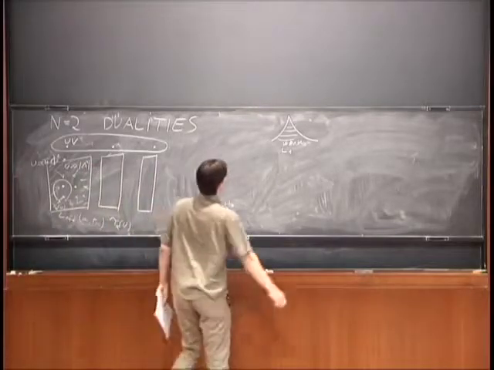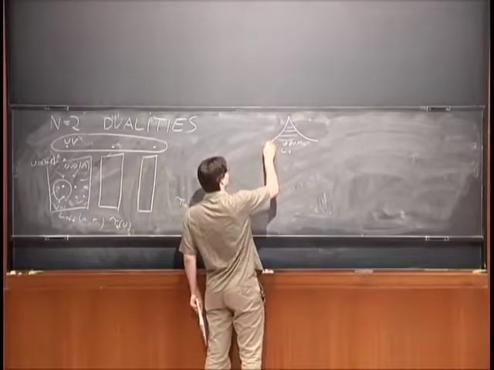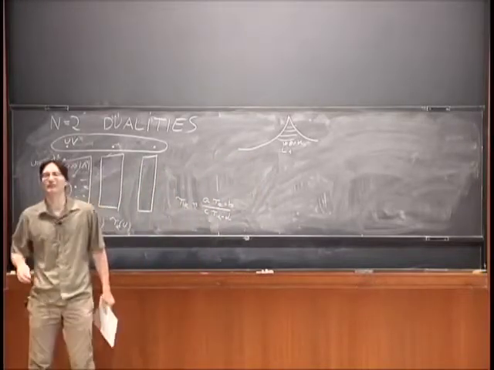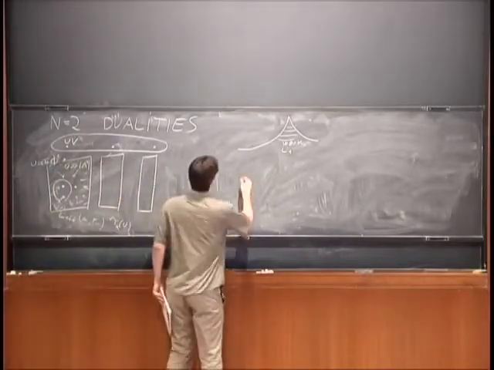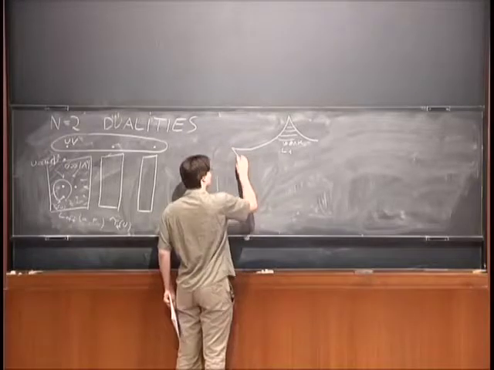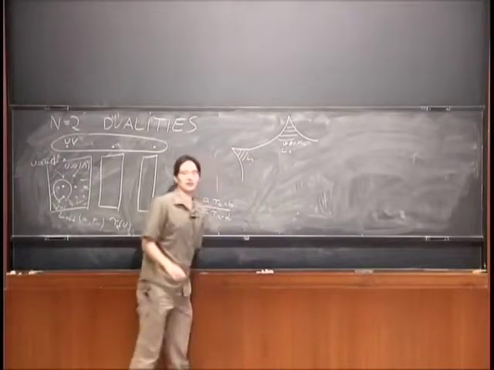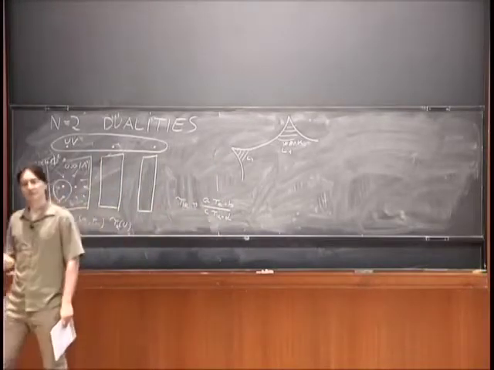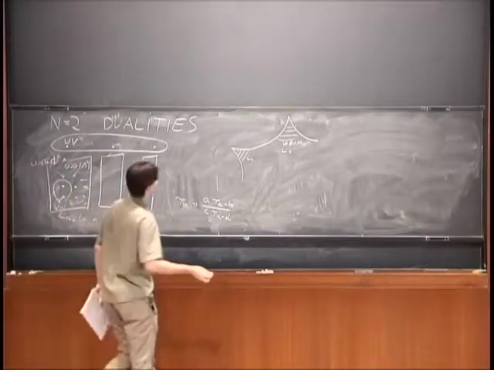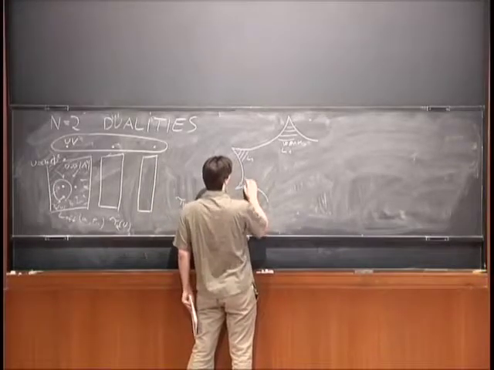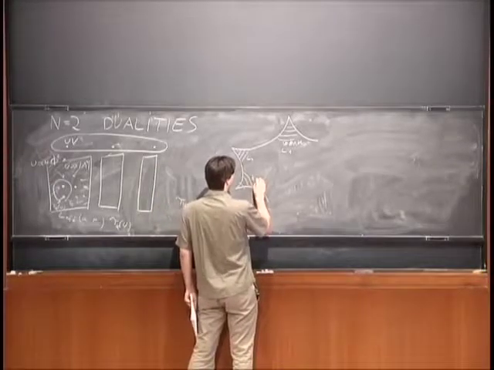Then we start dialing some of the couplings to become strong. We pass through some strong coupling region where the physics is pretty murky. But we end up emerging in some new region where a new weakly coupled description of the theory is available in terms of some completely different degrees of freedom. And then we keep exploring, moving along sort of the boundary of this parameter space, finding a lot of weakly coupled descriptions.